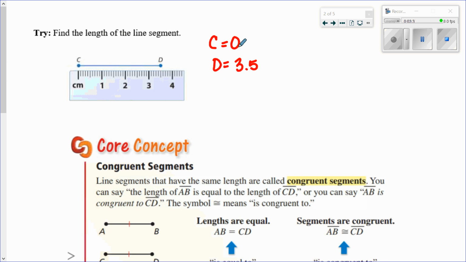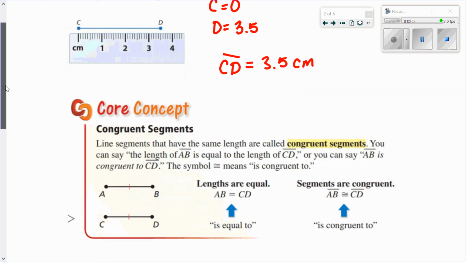You could just subtract them if you want. Remember, it always has to be a positive answer since distance is positive. So segment CD is 3.5 centimeters. Okay, lovely.